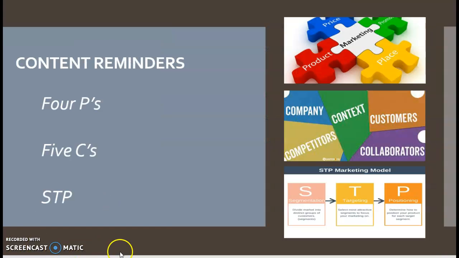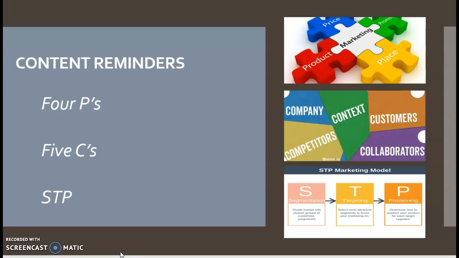And then the last item of feedback is just simply some content reminders. Please be sure to include synthesis, evaluation when you are taking what we're learning in class and applying it to the case.